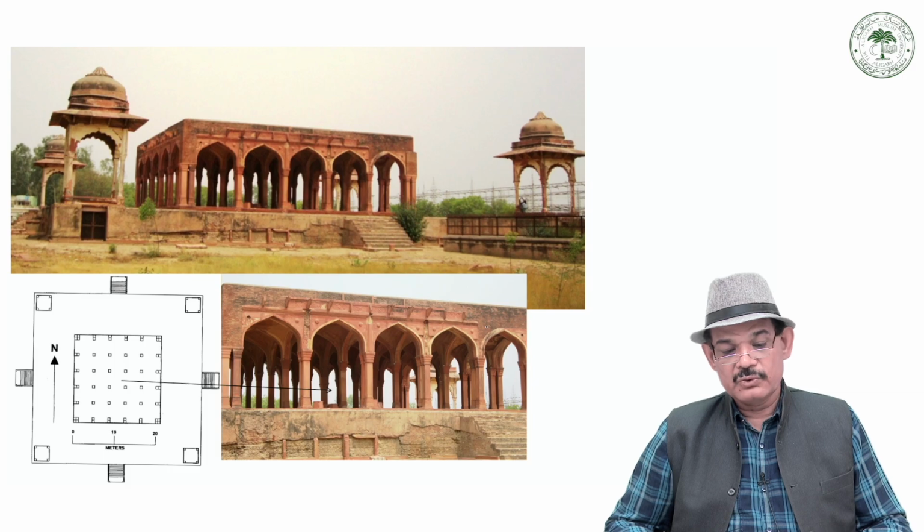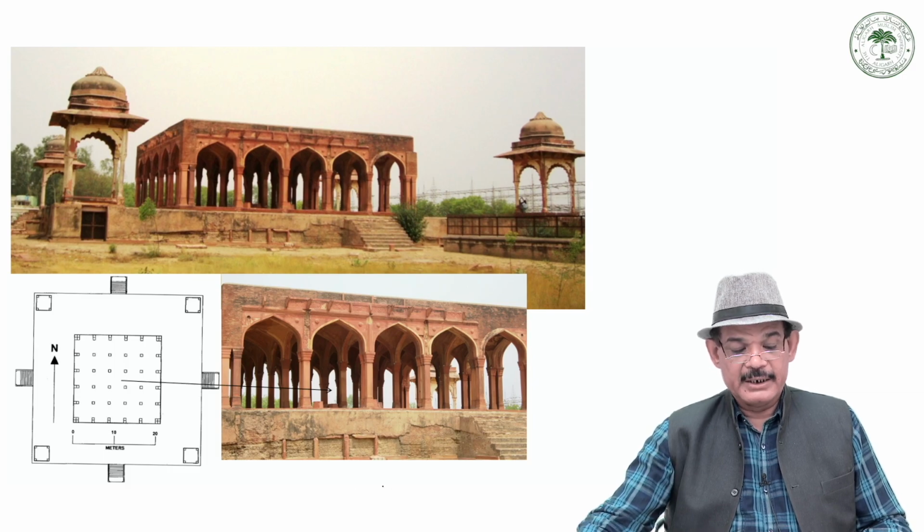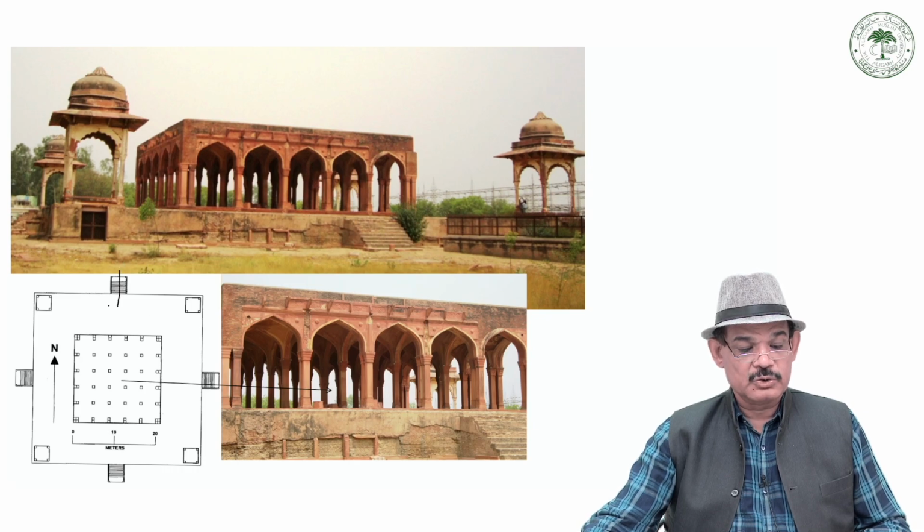It is also known as Chausat Khamba, and here we have a platform. This platform is accessed through staircases situated at the cardinal points. This platform is occupied by a domed square pillared pavilion at all four corners.